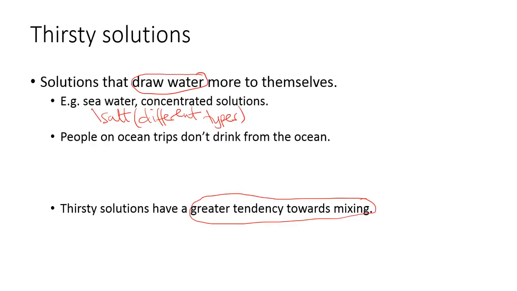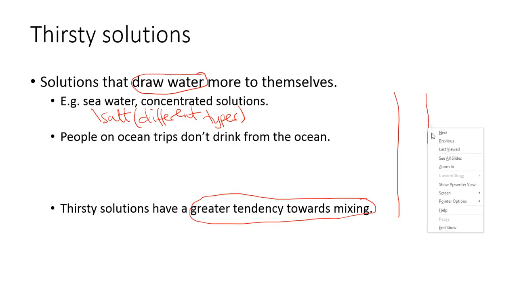Maybe if I can go back to this thirsty solution just to elaborate more on what it does. So let's suppose a person has drank ocean water. So let's say we have the intestines here, in the body.